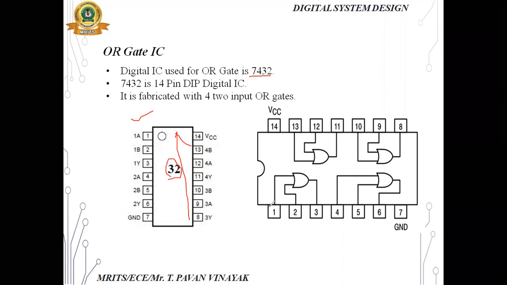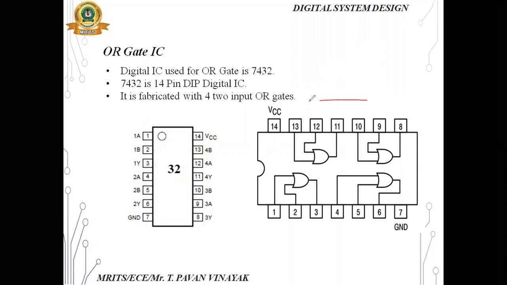Remaining all are the same. 1 and 2 are inputs, third is output. 4 and 5 are inputs, 6 is output. 7th is ground, 14th is VCC. Next 13 and 12 are inputs, 11 is output. 9 and 10 are inputs, 8 is output. Same as the AND gate.